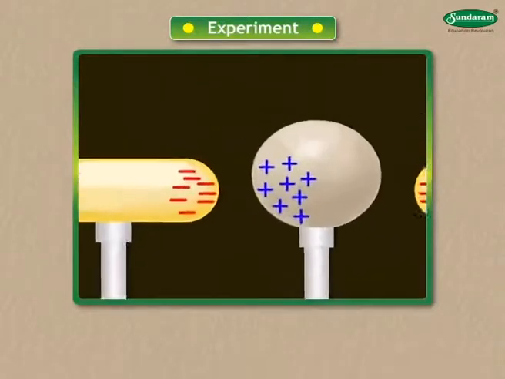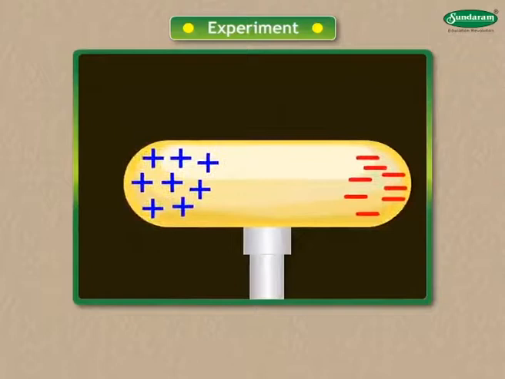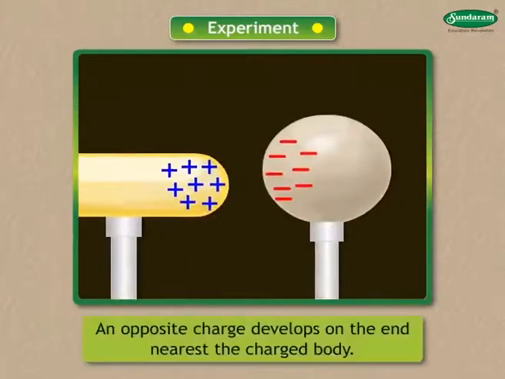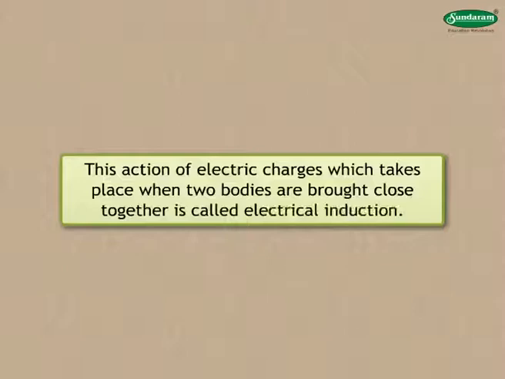The negative particles collect at that end of the body which is nearest to the positively charged body, while the positive particles collect at the opposite end. Thus, an opposite charge develops on the end nearest the charged body and a like charge at the farthest end. This action of electric charges which takes place when two bodies are brought close together is called electrical induction.